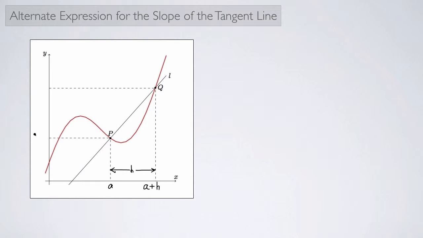And so then this would be f of a still right here, and then this would be f of a plus h. And so again, I'm going to let the point Q get closer and closer to the point P, but this time what would happen is that this distance h would go to 0.